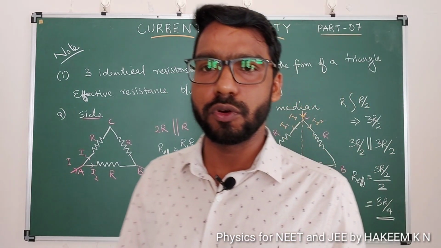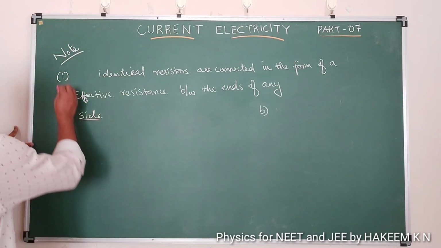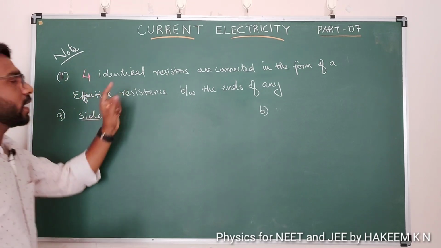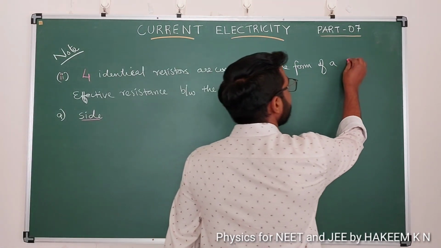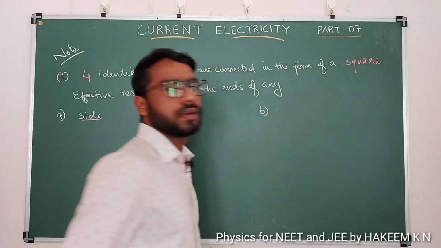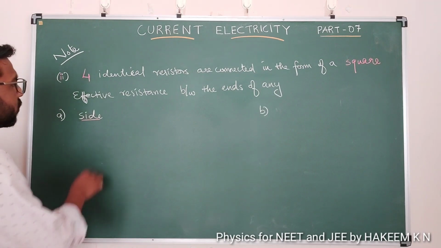Okay, note point number 2. 4 identical resistors are connected in the form of a square.